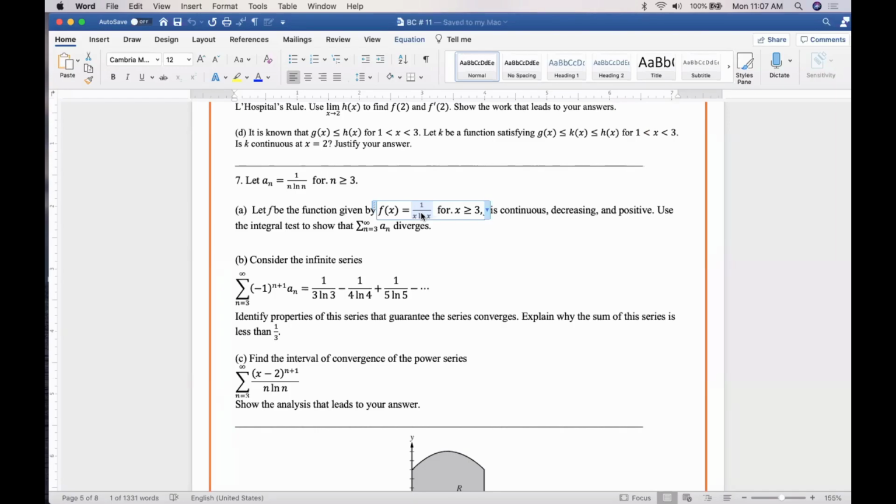Anybody remember that? So one of the requirements is that the function that you make is continuous, decreasing, and positive. Use the integral test to show that this diverges. So I need to show that this integral does not exist, right? Diverges. That's what I need to show. That's the integral test.